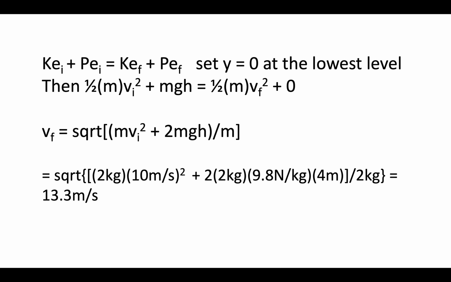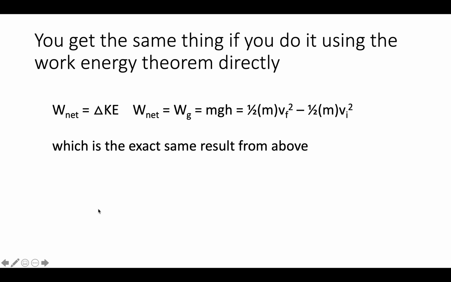It gained that extra velocity by losing potential energy. That amount of potential energy all went into kinetic energy, which made the total speed now greater. And finally, you can get the exact same result using the work-energy theorem. The only thing doing work on the object is a component of the gravitational force.